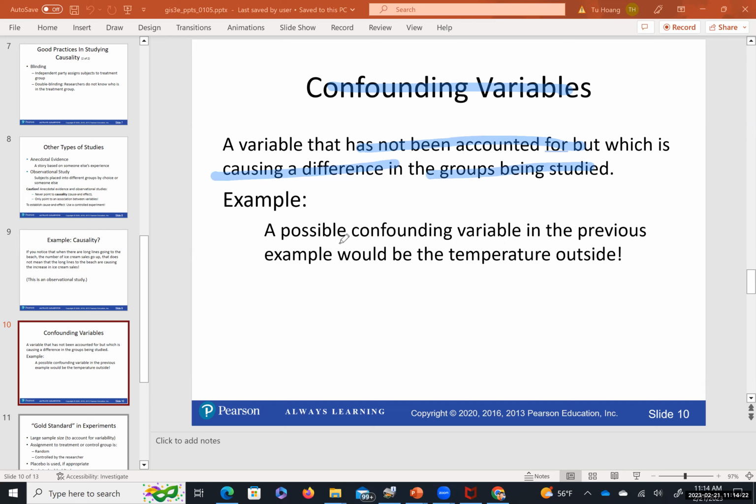For example, a possible confounding variable in the previous example would be the temperature outside, right? So if the temperature is higher, right, and then people want to buy more ice cream, something like that, right? So that is a confounding variable.